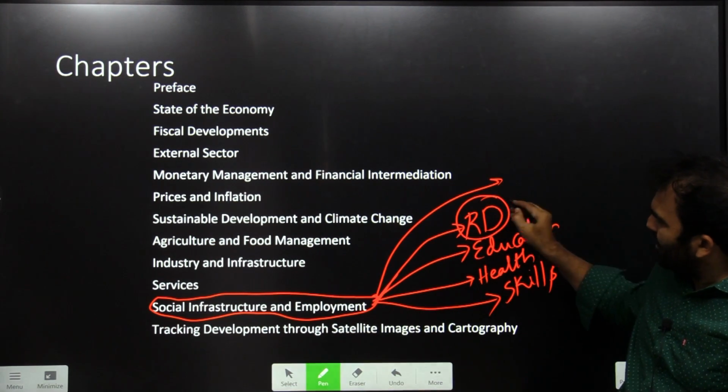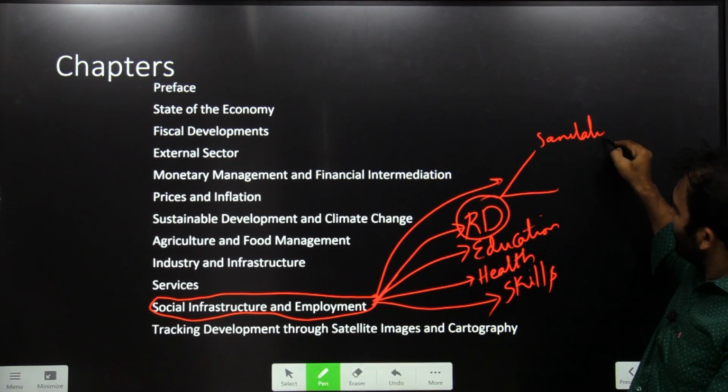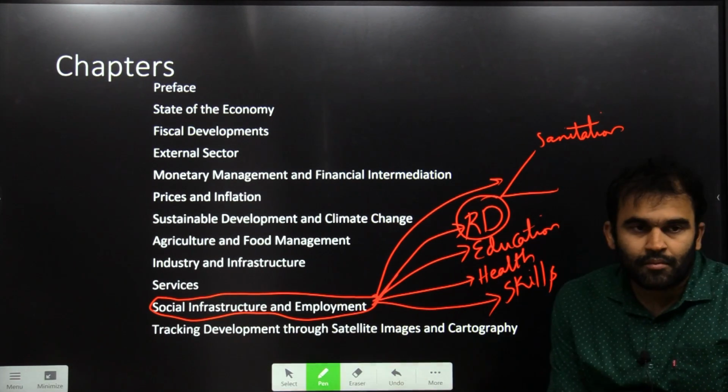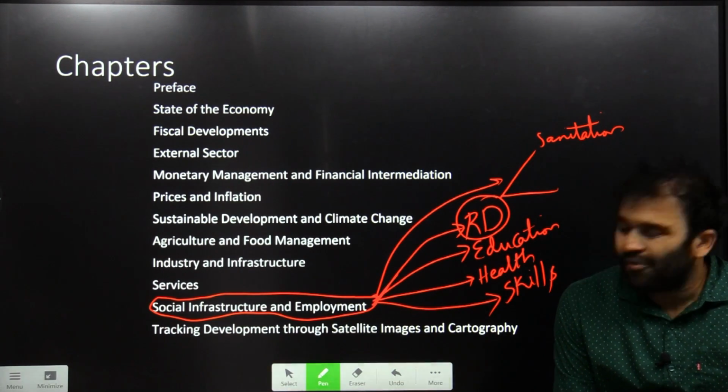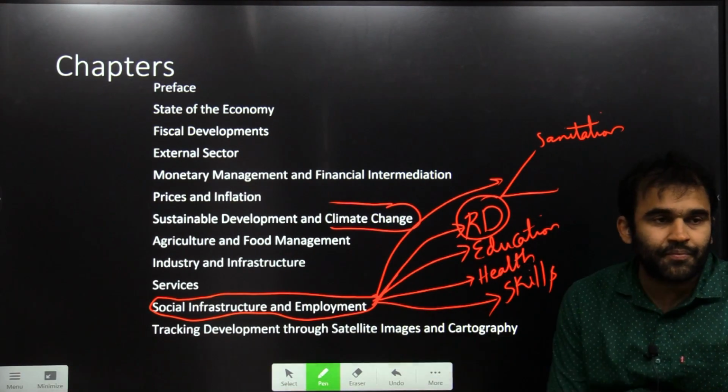Under rural development, generally you will have other subsectors: sanitation, afforestation, which you can put under sustainable development, climate change.